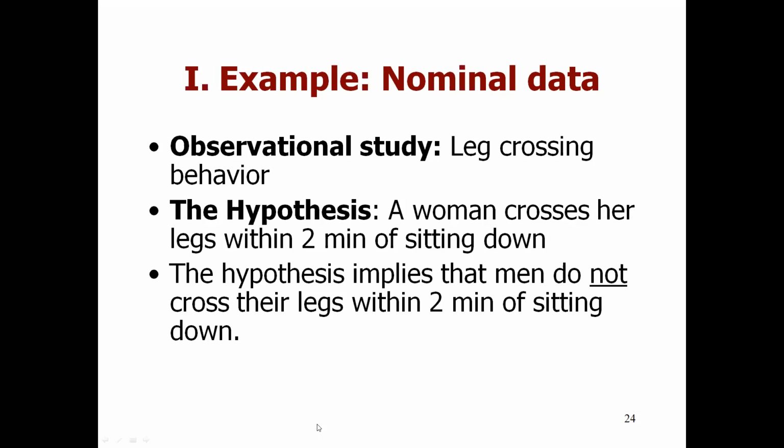And this hypothesis, obviously, remember I talked about predictions. We have two predictions that come out of a hypothesis. That's in your observation plan. One prediction has to do with one level of the predictive variable, women. The other one has to do with the second level of the predictive variable, which is men. So you need to understand the difference, again, between the name of the variable, gender, and the levels, men, women.